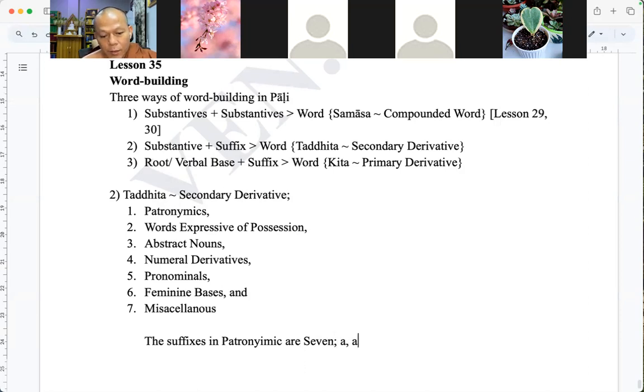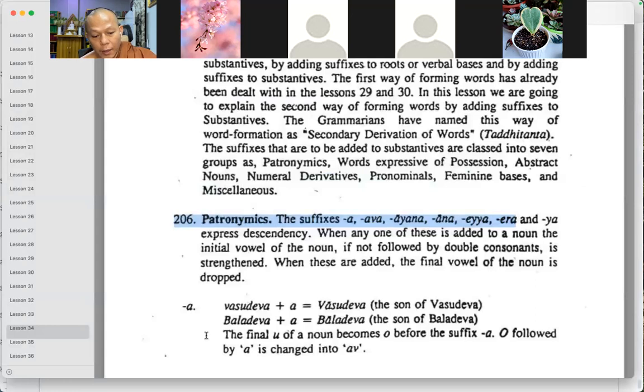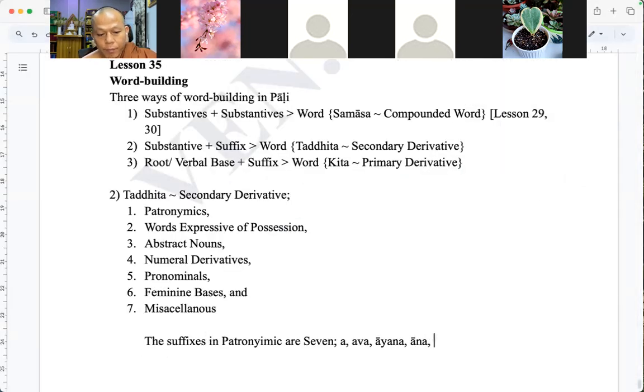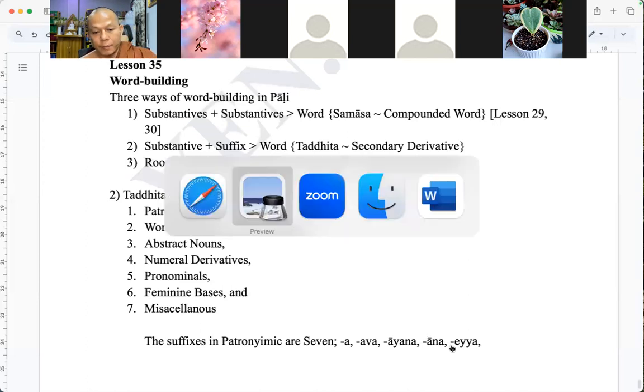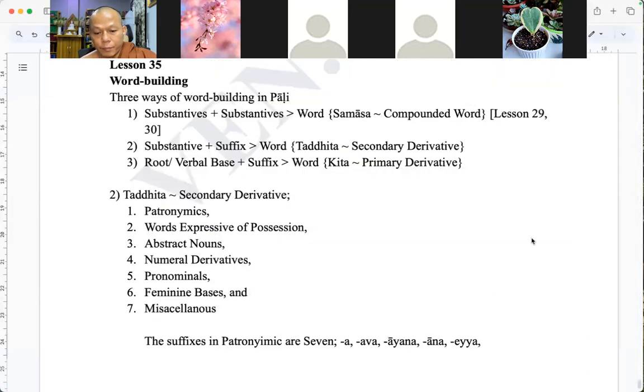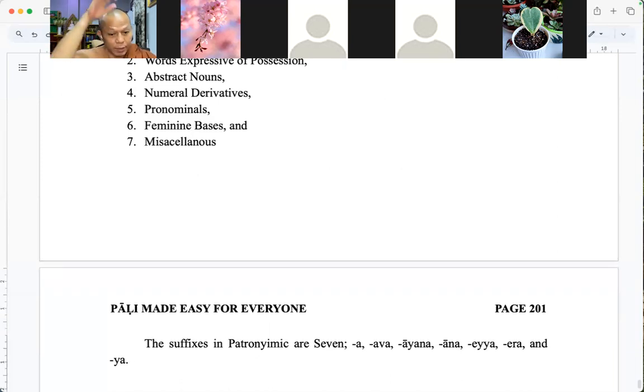The first is a, the second is awa, and then ayana, ana, iya, and era. In this way, there are seven kinds.